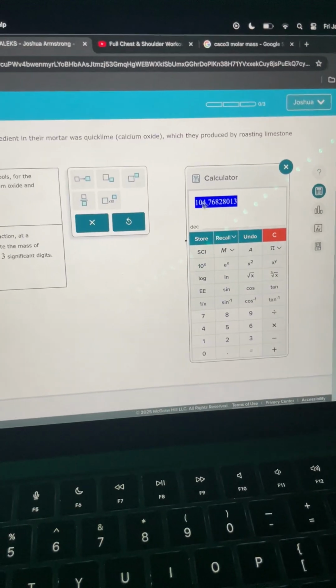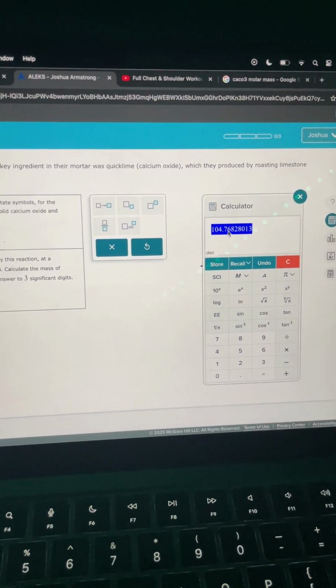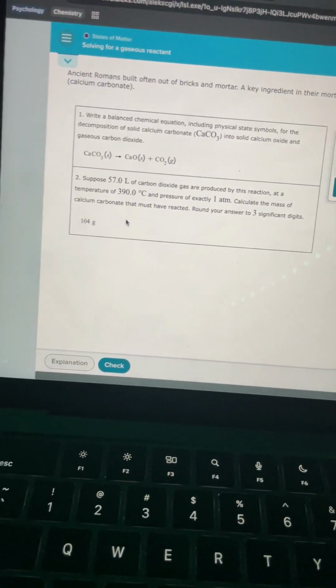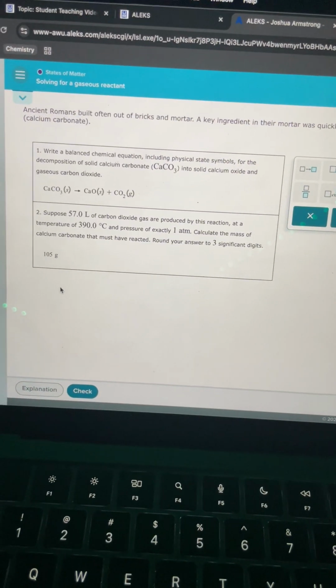And then for the 3 significant digits, obviously it's gonna be 105, or I guess we could represent that with scientific notation, but I don't think we would. And yeah, that's it.